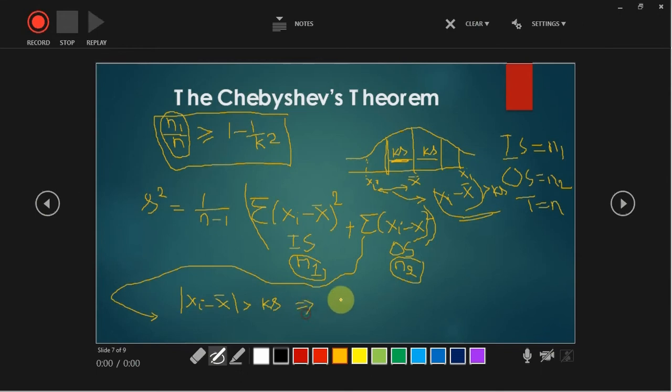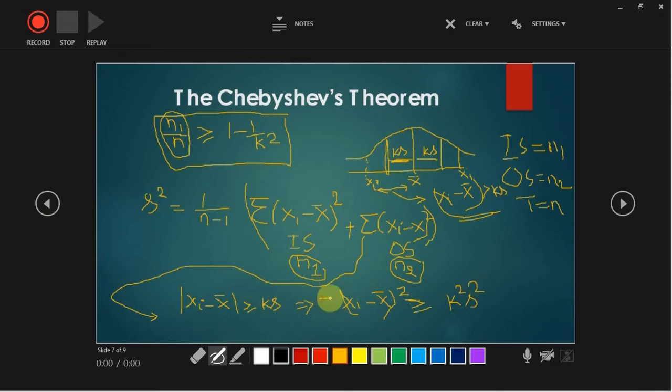When we square, xi minus x bar squared is greater than or equal to k squared s squared.